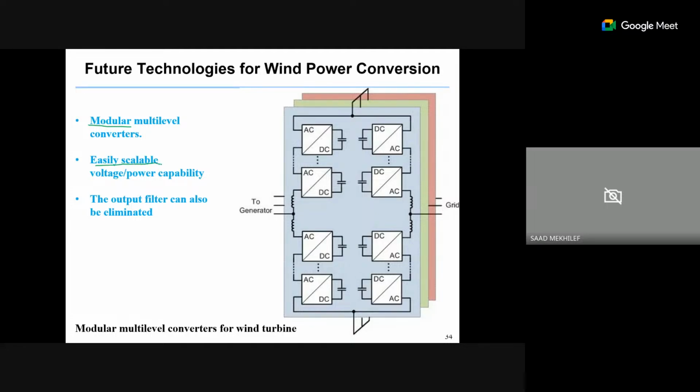Sometimes we have one wind turbine and then we want to increase the power, and the voltage and power capability. They have quite high power. And the output filter can also be eliminated because of the number of levels. When you have a multi-level topology, the total harmonic distortion can be significantly reduced.